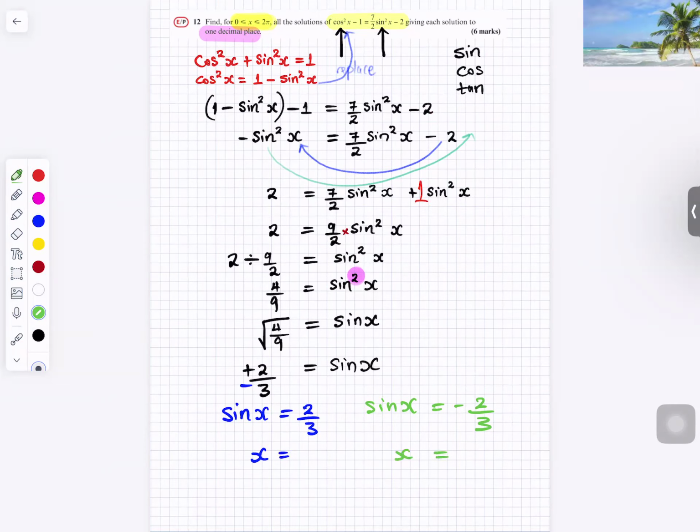Make sure your calculator is in radians. You know how to put your calculator in radians. Yes, sir. Okay, find inverse sine of the first one, inverse sine of 2 over 3.